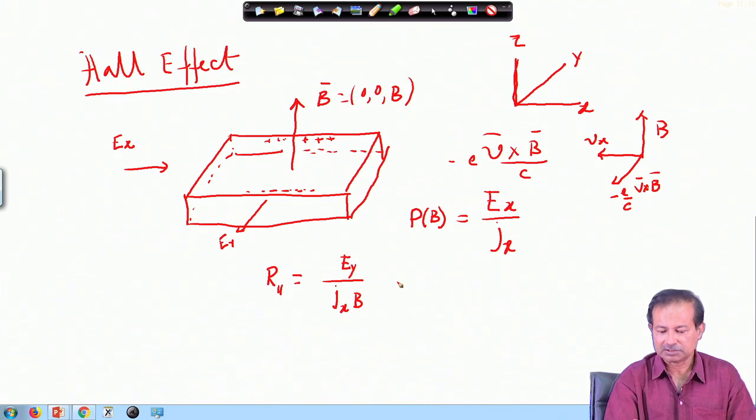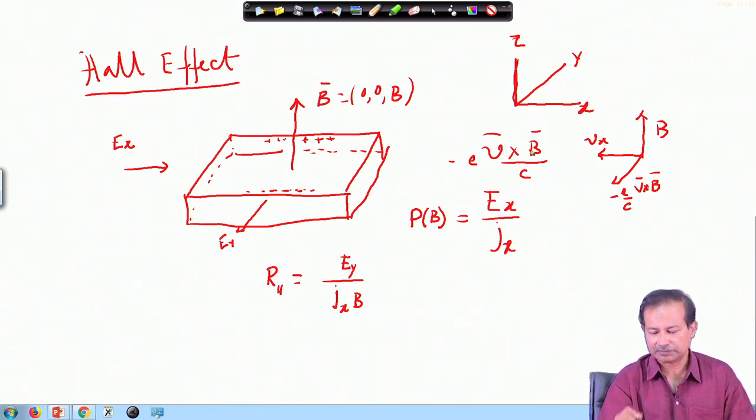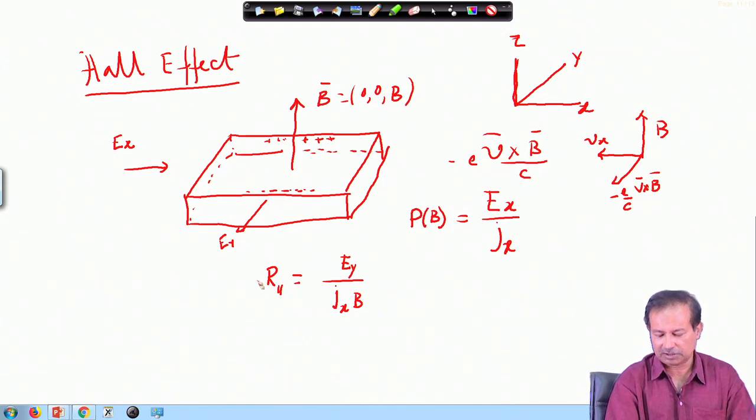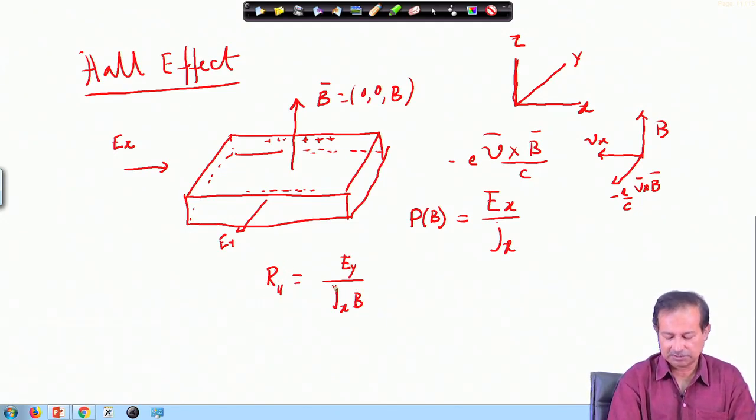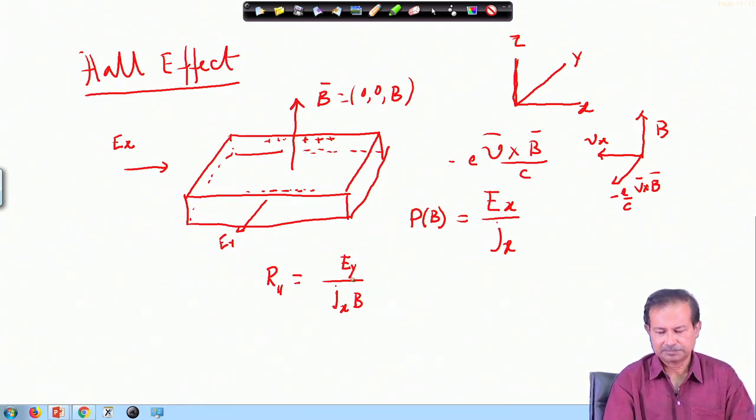In addition, it is also caused by the magnetic field, so it should be proportional to B also. So, if this is a constant, which it is, then E_y is proportional to J_x and B. That is why this constant was chosen, and it is called the Hall constant. Our aim is to determine this constant.